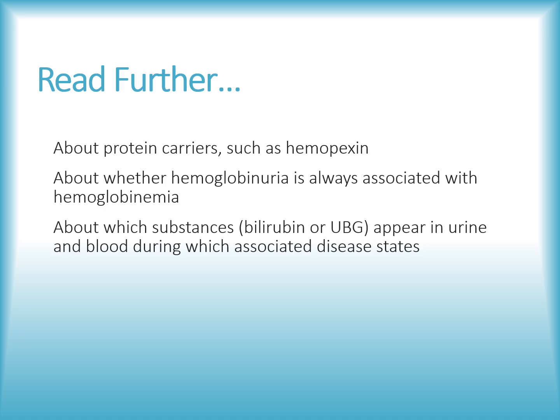It's kind of like second in line to protect against heme-induced oxidative damage after haptoglobin. Read about whether hemoglobinuria, meaning hemoglobin in the urine, is always associated with hemoglobinemia, which means free hemoglobin in the blood, and which substances, bilirubin or urobilinogen, appear in the urine and blood during which associated disease states.